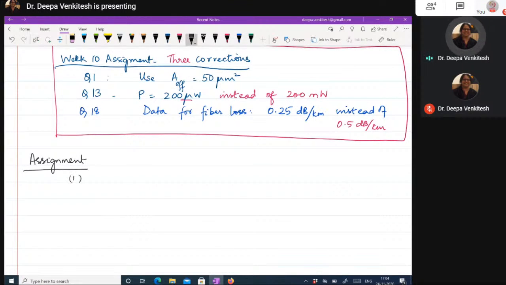The data for question 1 says your Raman gain coefficient is given, Brillouin gain coefficient for SBS is given, length is given, alpha is given, lambda is given. Now you are asked to find the SRS threshold and SBS threshold.